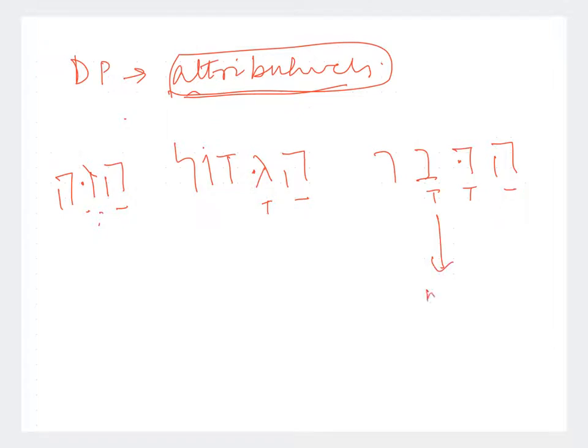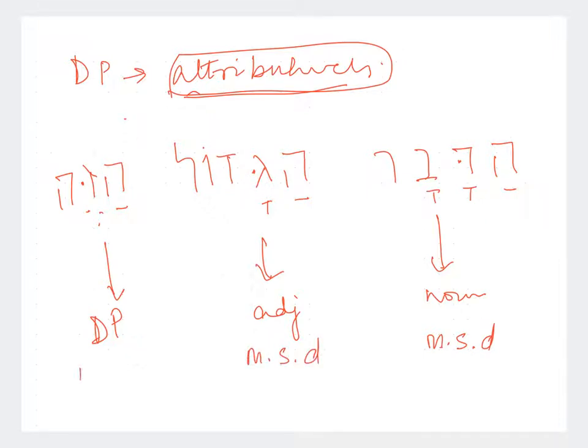Now, this is the noun, this is the adjective, this is the demonstrative pronoun. Let's see if they are agreeing. This is a masculine singular definite. Again, this is a masculine singular definite. Again, this is a masculine singular definite. They are all agreeing in gender, number, and definiteness.